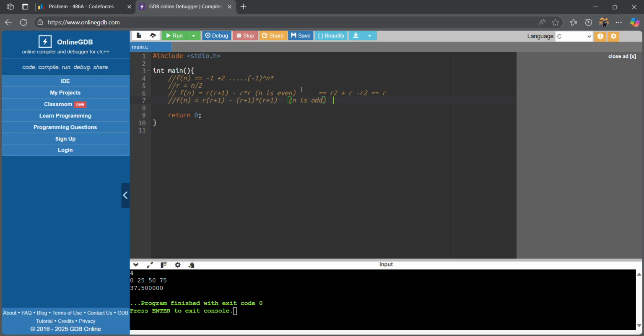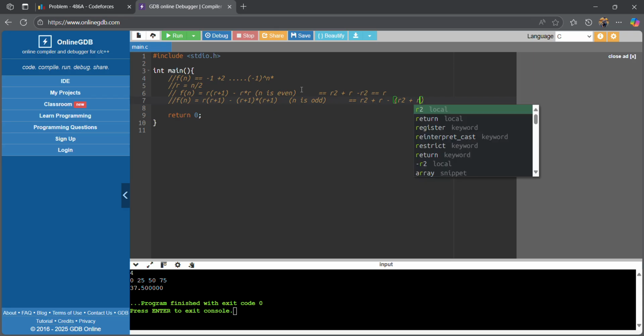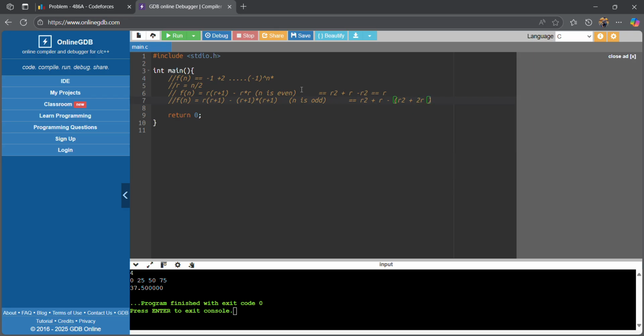And for this we would have R2 plus R minus R plus 1 whole square. R plus 1 whole square is R square plus 2R plus 1, right?